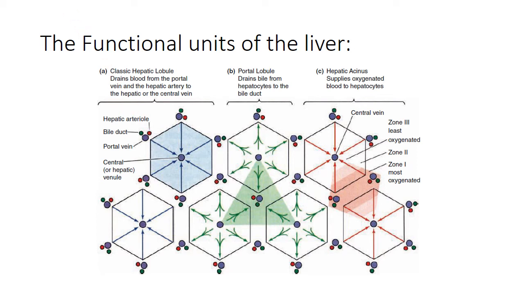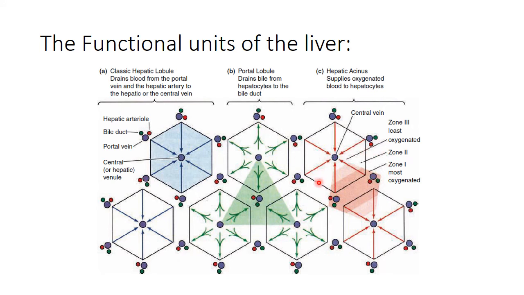A third way of viewing the liver histology is the theory of hepatic acini, or liver acini. The liver acinus is a diamond-shaped area stretched between 2 central veins and 2 portal areas at the angles of the diamond.